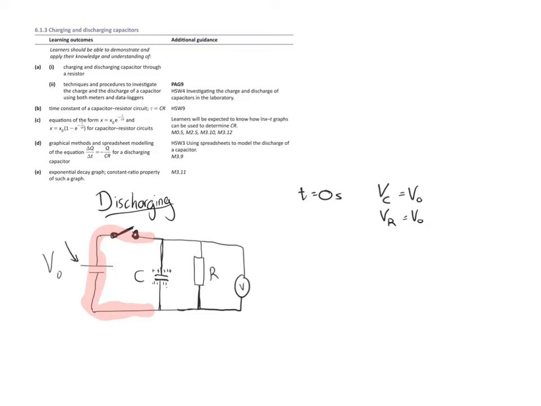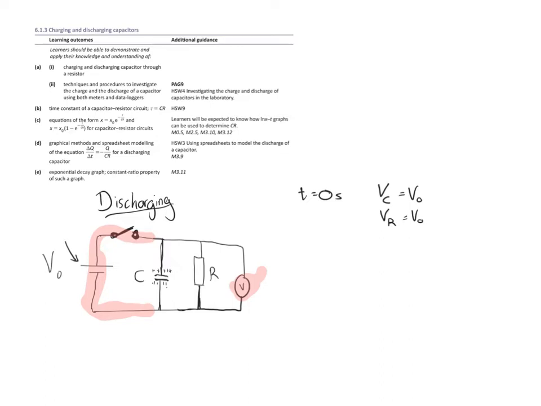To begin with, the capacitor is fully charged at time 0. I open the switch, and immediately the voltmeter will start dropping in value. Why does that happen? Let's see. There are 3 key values we will focus on. One of them is the voltage across the capacitor and the resistor.